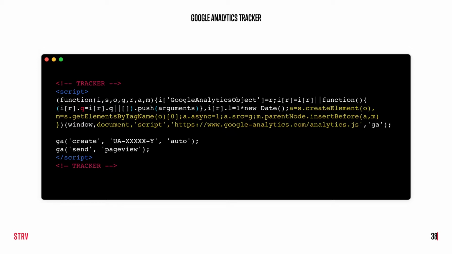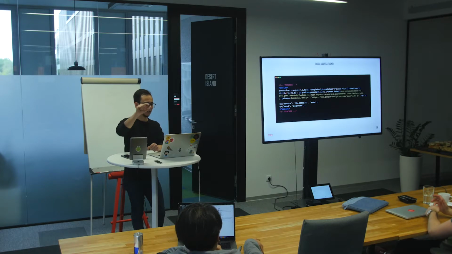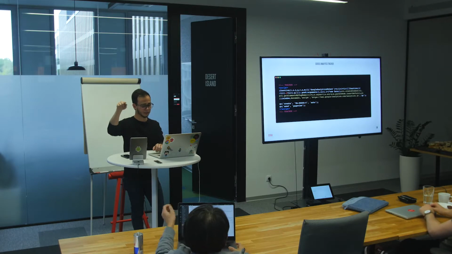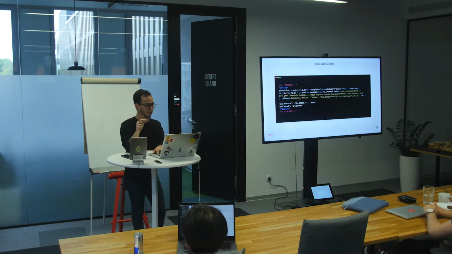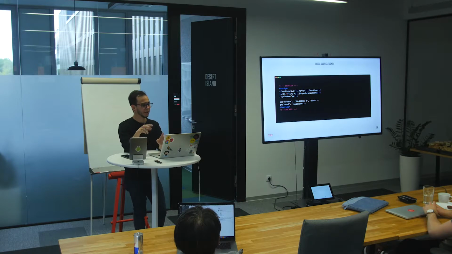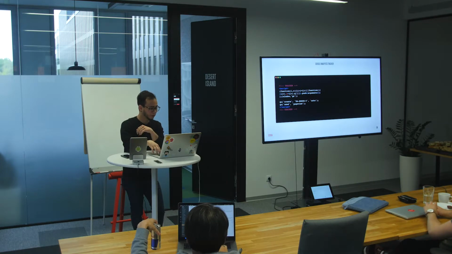For example, we can see here that the yellow part in this function is only responsible for adding the tag. It adds a script tag with a URL for Google Analytics, /analytics.js. So it's going to fetch the JavaScript. And the other part of the function is a placeholder for the actual Google Analytics code.